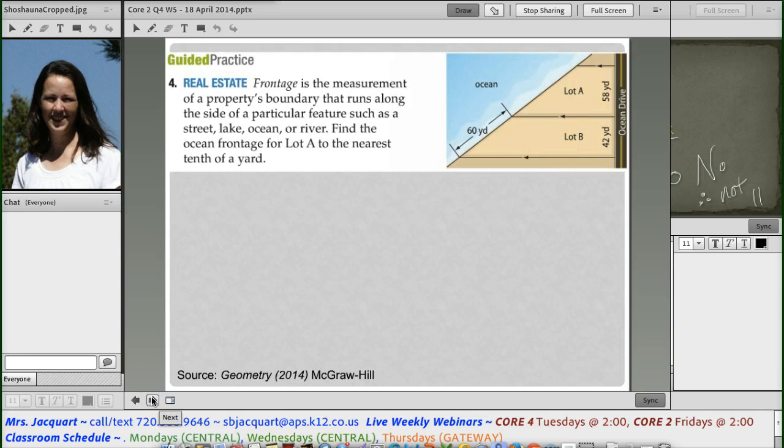Okay, so let's apply this to the real world. Frontage is the measurement of a property's boundary that runs along the side of a particular feature, such as a street, a lake, an ocean, or a river. Find the ocean frontage for lot A to the nearest tenth of a yard. So here's lot A, the one I'm going to look for.